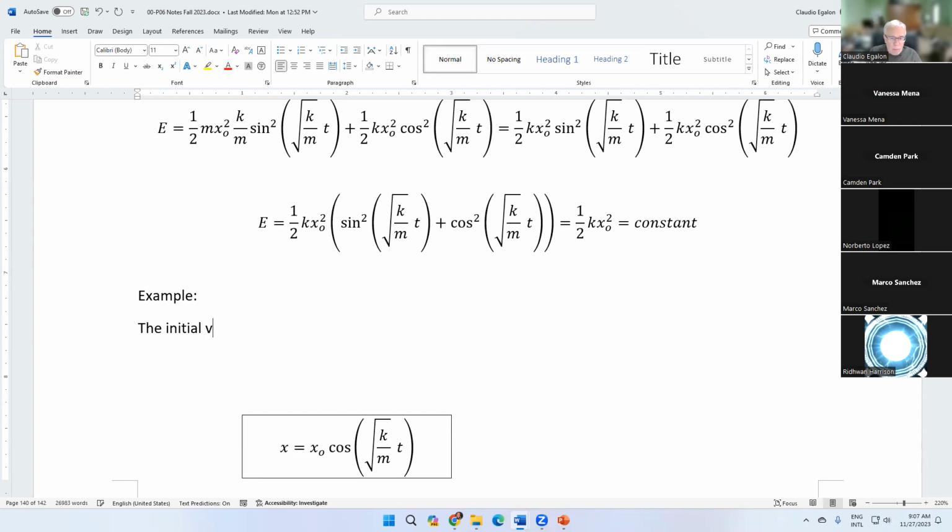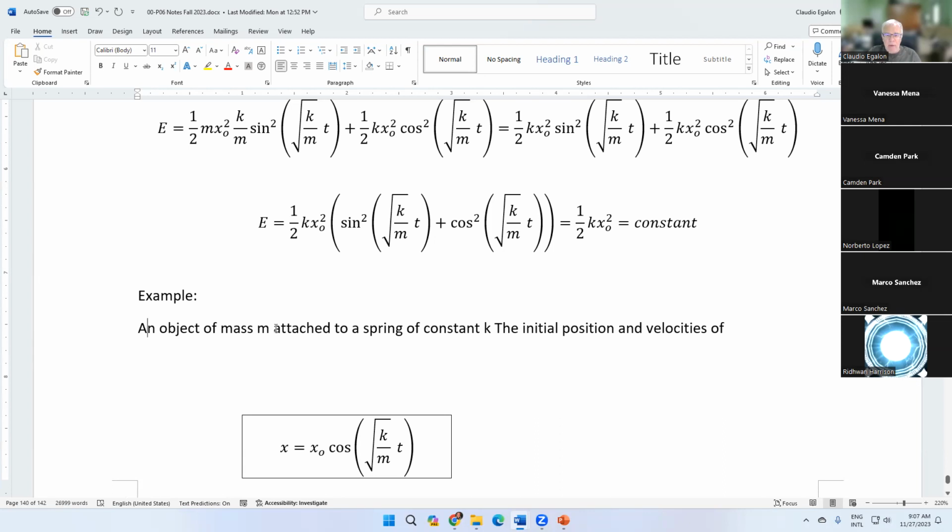The initial position and velocity of an object of mass m attached to a spring of constant k. Let's rephrase that.